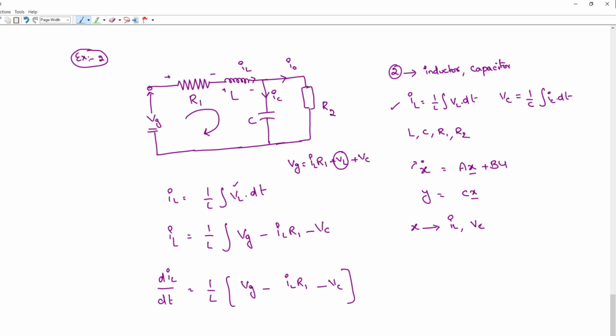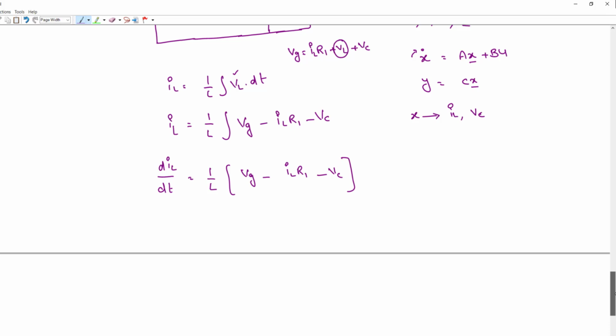Now let us segregate this into input and output terms. The input we take to one side, the state variables to the other side. So dIL by dt is equal to minus R1 into IL divided by L, minus VC by L, plus Vg by L. This is very simple.